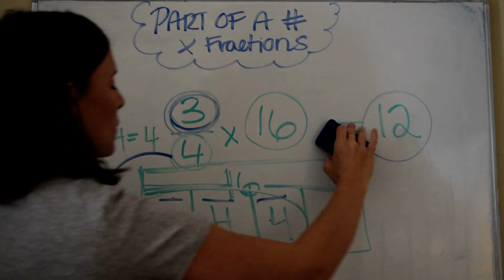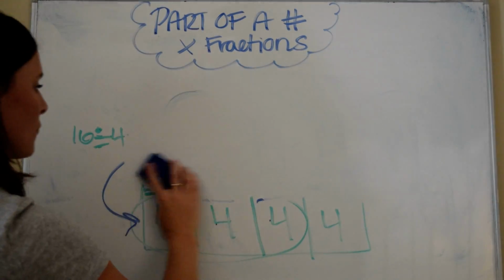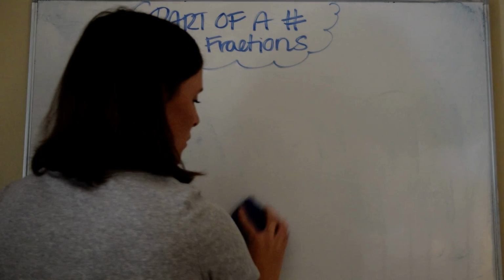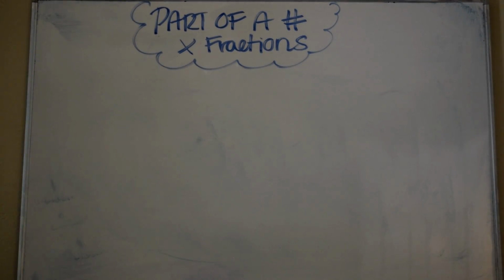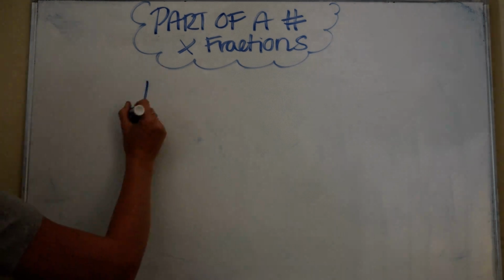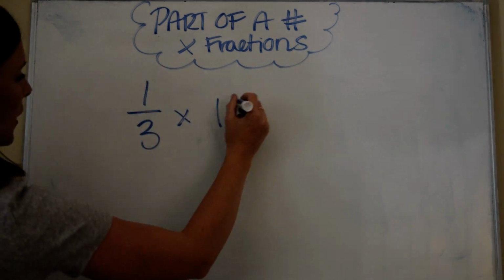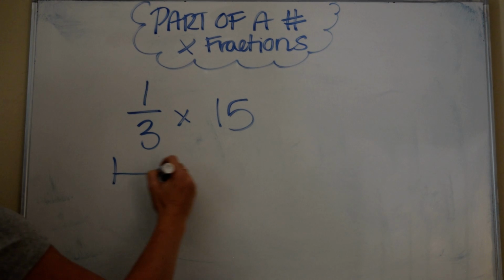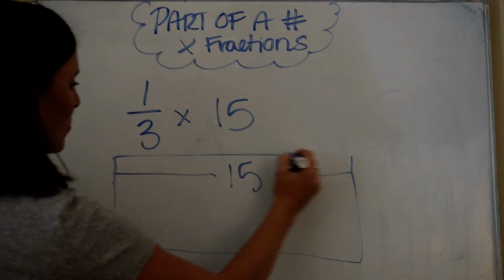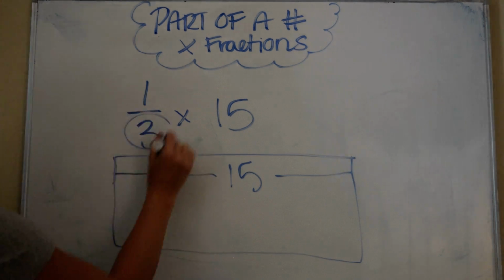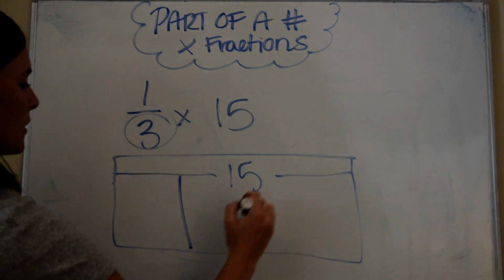Let's go ahead and do another one. Let's go ahead and do 1/3 times 15. Okay, so take the whole, which is 15, and I want to break up this 15 into 3 even pieces.